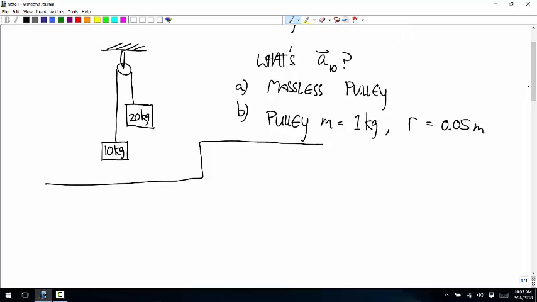If nothing else, with a diameter of 10 centimeters, that's a pretty big pulley. 1 kilogram is a lot, probably unnecessarily big for this calculation. But you'll see that the difference is small enough that it's very believable that leaving out the pulley's mass is pretty reasonable in a lot of applications.